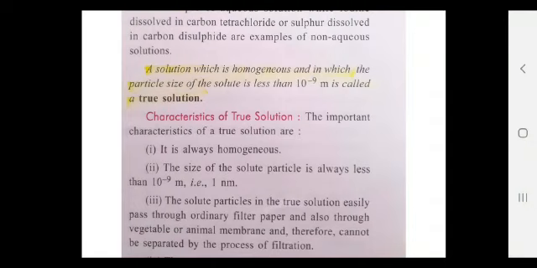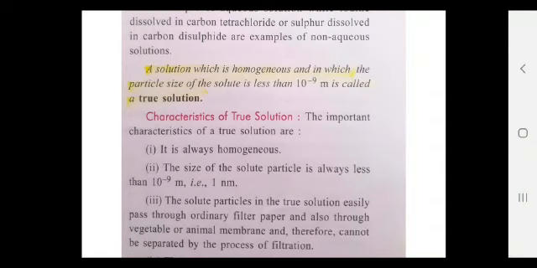A true solution is a homogeneous solution in which the solute and the solvent mix with each other completely. They mix so completely that we cannot see the particles of the solute, because the size of the solute particle is very small, about 10 to the power minus 9 meter.